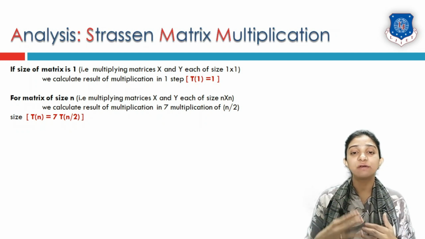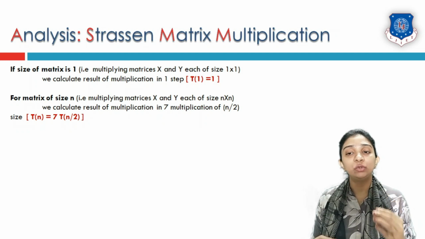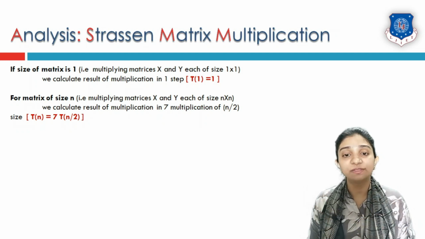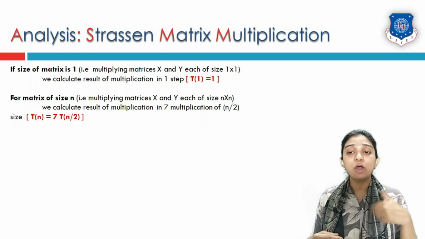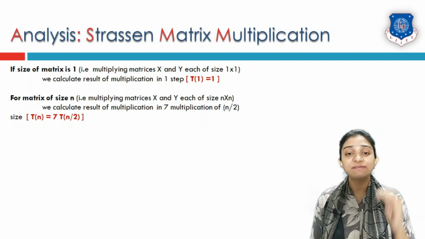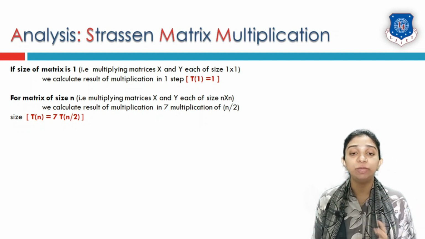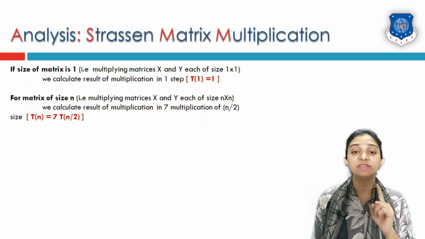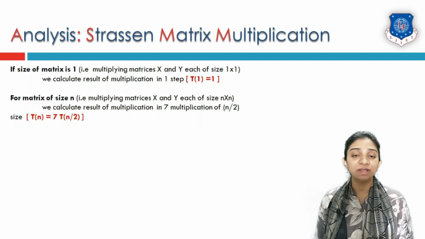If the matrix is of size n, then we have to divide it into 8 parts of size n by 2. And among these 8 parts from A to H, how many multiplications have we done? We have done 7 multiplications in the formulas from P to V. In the P term, we have done only one multiplication. In the Q term also, there is only one multiplication.